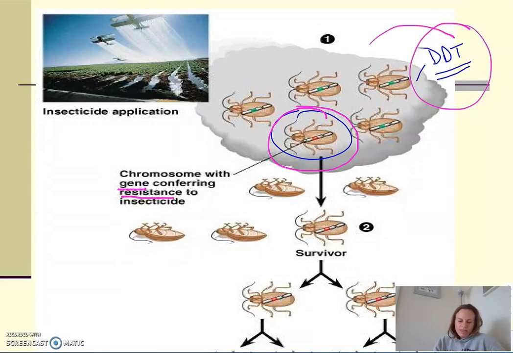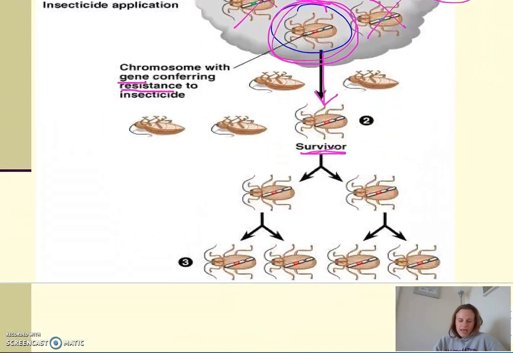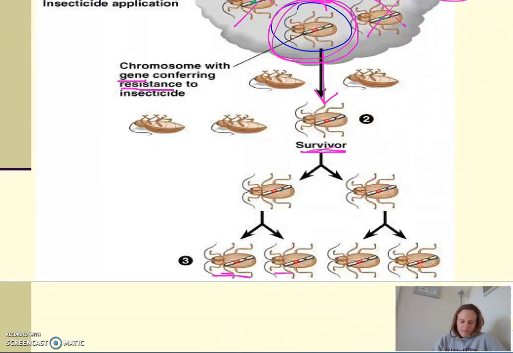So now when that DDT is sprayed, the organisms that don't contain that gene, that favorable trait, all die. But the organism that does contain the favorable trait survives, reproduces, and then is able to pass that favorable trait, which is the trait for resistance, on to its offspring.